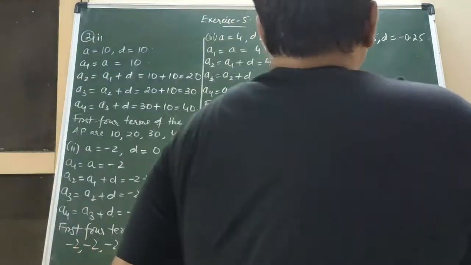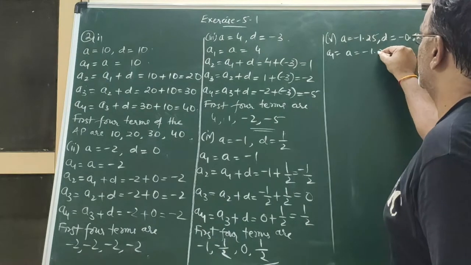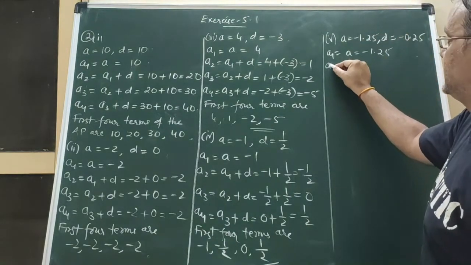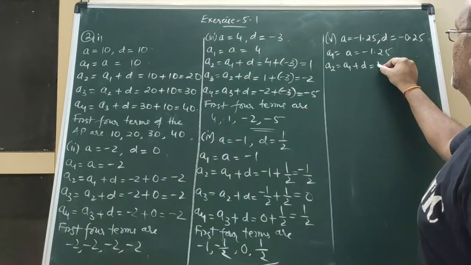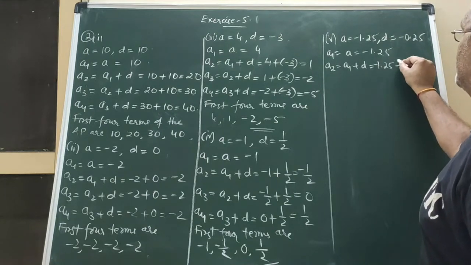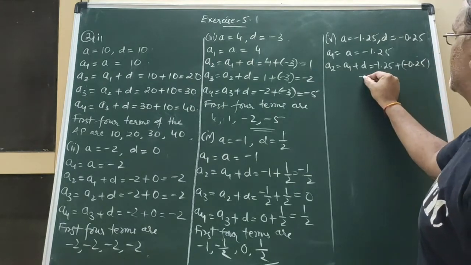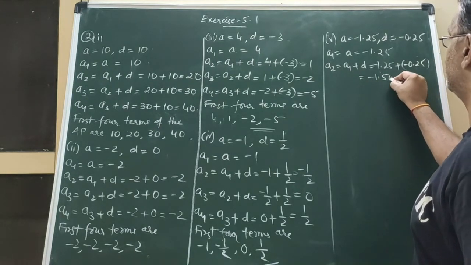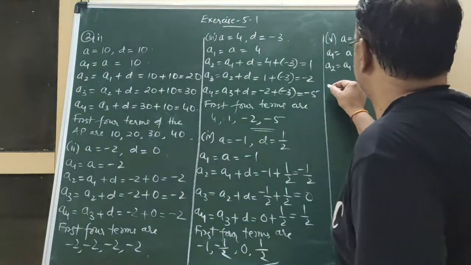So the first term is A itself, -1.25, and the second term A1 plus D, right? -1.25 plus -0.25, दोनों माइनस में है तो ऐड करेंगे विद माइनस साइन, -1.50, and you can write -1.5 also.